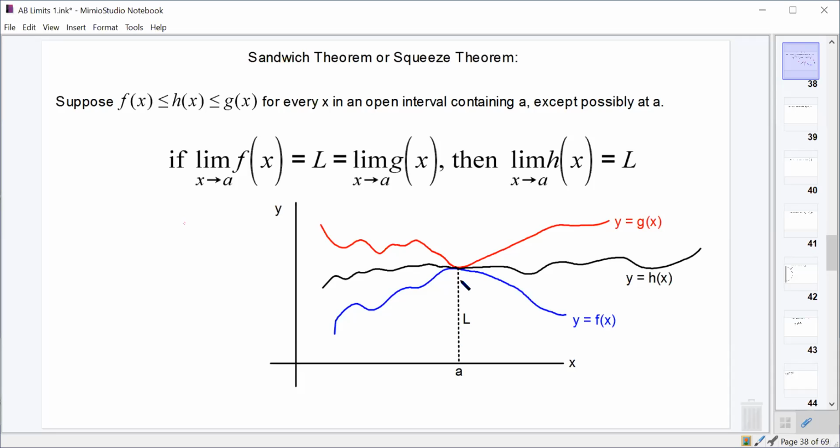The only reason we say except maybe at a is because maybe these functions are not defined at the a value that we're talking about. Okay, so everybody good with having one function that's less than another function that's less than another one, so that one of them is always between the other two?